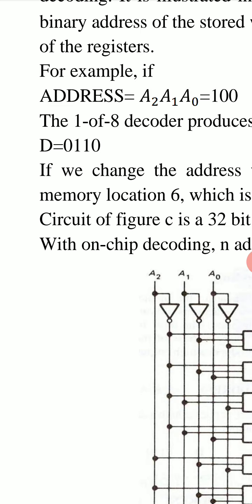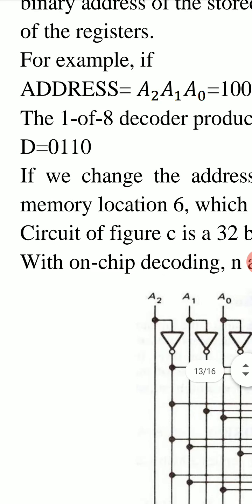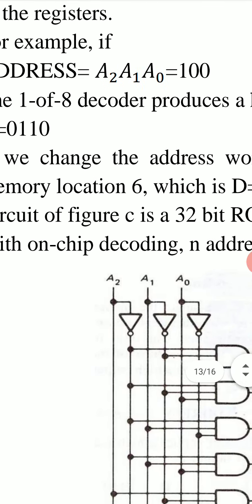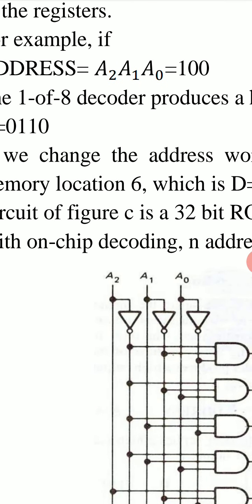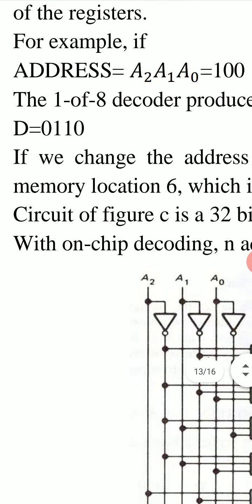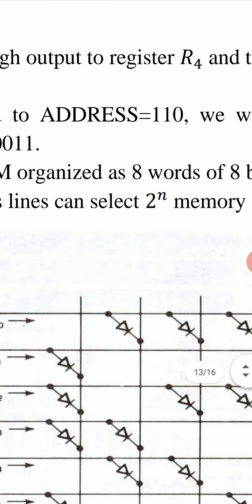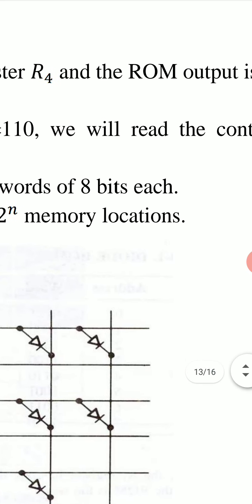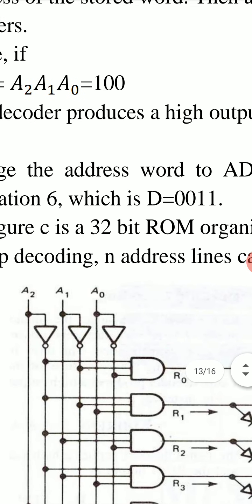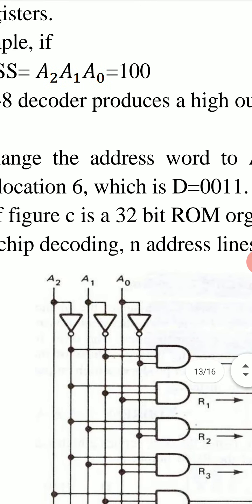For example, if address A2, A1, A0 is 100, the 1 of 8 decoder produces a high output to register R4. 100, its decimal equivalent is 4.